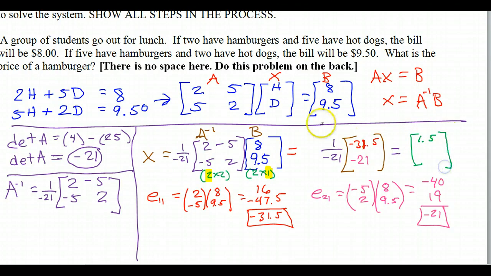That means the cost of a hamburger is $1.50. That makes more sense. And of course, negative 21 divided by negative 21 is simply 1, which tells me that the cost of a hot dog is $1.